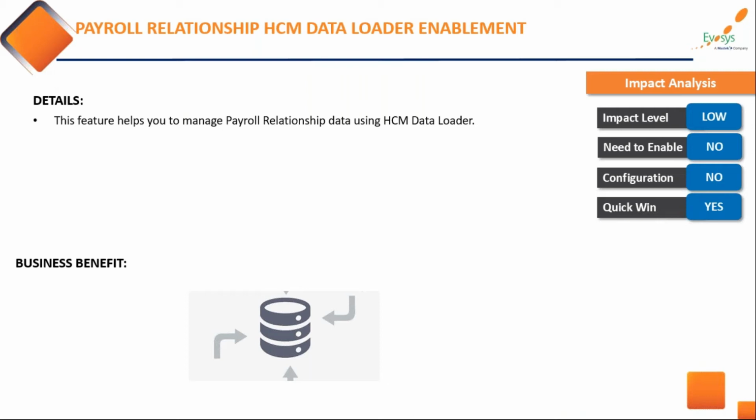For US-specific customers, it might not impact that significantly, but for other customers in other regions where the payroll relationship information gets captured, this is going to be a good feature for them because they will be able to upload payroll relationship data using HCM Data Loader. So impact is again low to medium, and this feature is enabled by default, and it's a quick win.